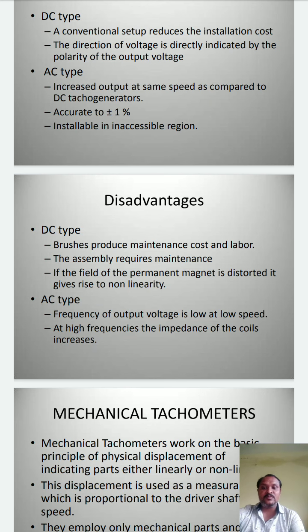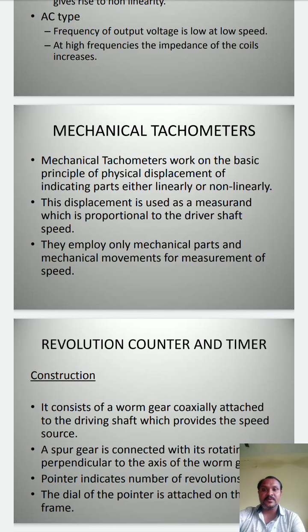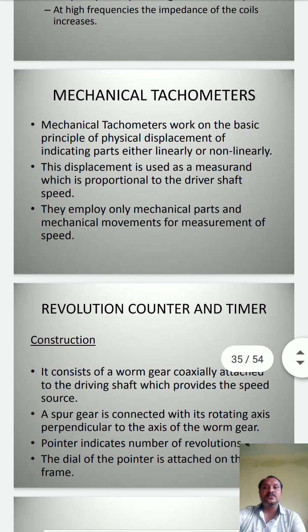So let us move to the next type, the mechanical tachometers. As we completed in the previous classes the electrical tachometers, now we will move towards the mechanical tachometers. Mechanical tachometers work on the principle of physical displacement of indicating parts, either linearly or non-linearly.